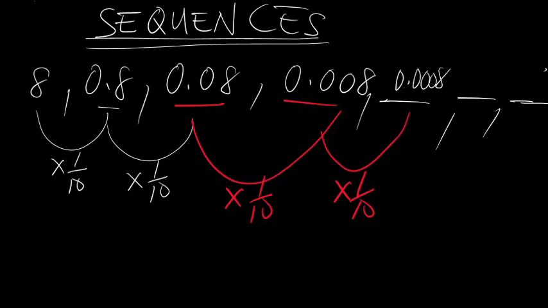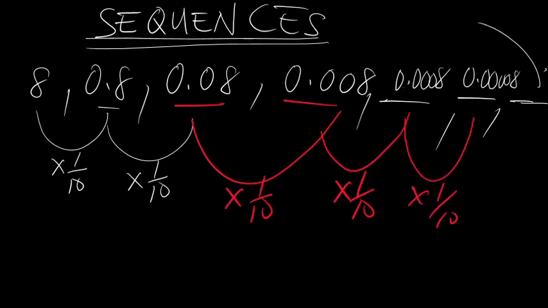Now the next one also you multiply by 1/10, and you have 0.00008. This is 3 zeros, this is 4 zeros. So the next one should be 5 zeros.